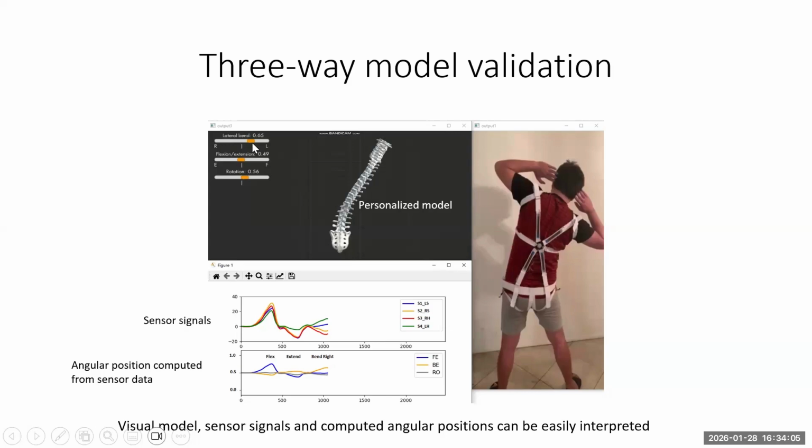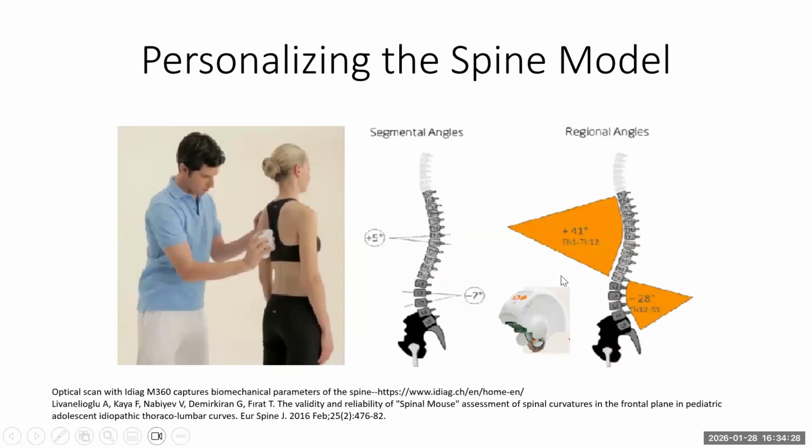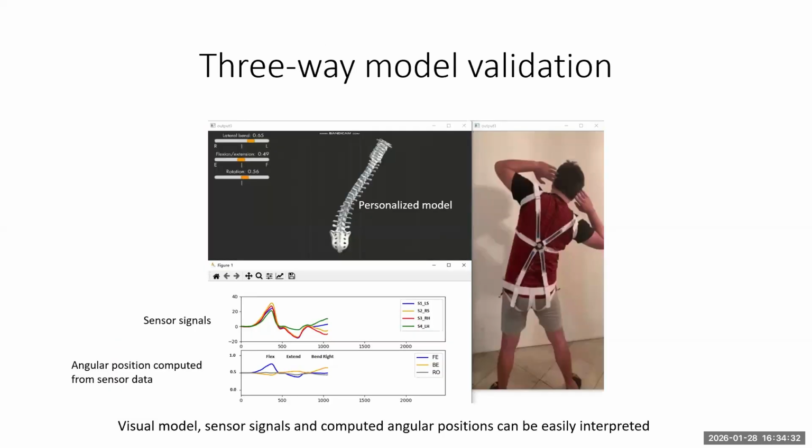So we control the three angles. And we said, well, since we can calculate the three angles from the sensor signals, we're going to feed that into this model. This is a Unity 3D model fed in real time from the sensors. So we tried that and validated the signals, and I'll tell a bit more about that in a moment.